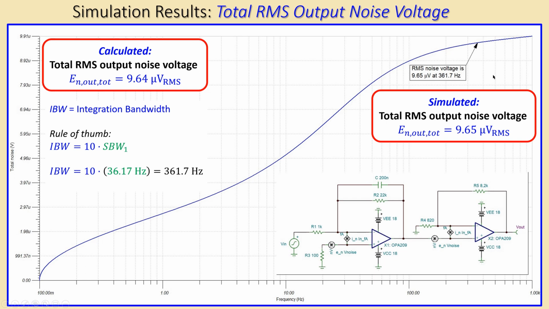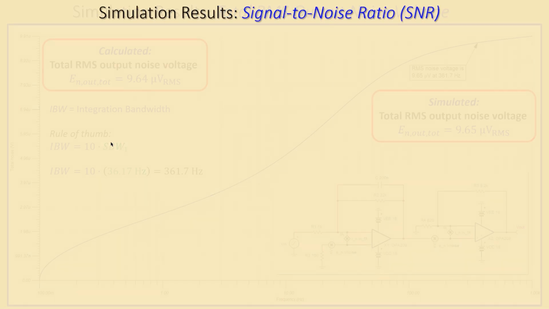So we look at the plot at this frequency, and the noise voltage at the output is 9.65 microvolts RMS, which is almost equal to that 9.64 microvolts RMS. So that's a very nice result. This rule of thumb does a very nice job in this case when you look at the simulations and also the calculations.